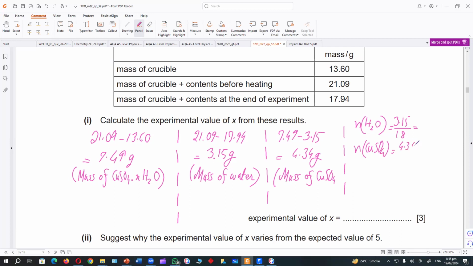So, what is the molar mass of copper sulfate? Can you find it? It's 159.6.